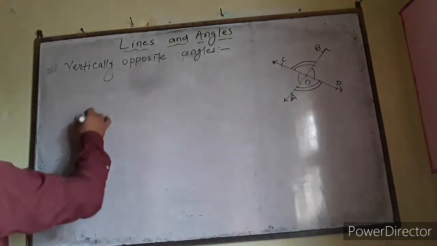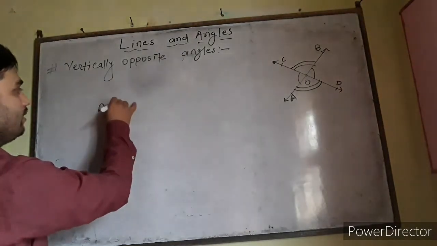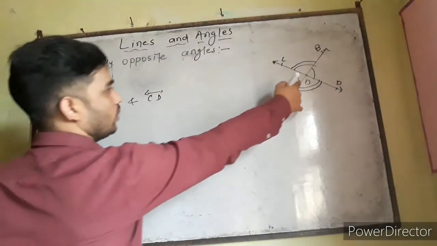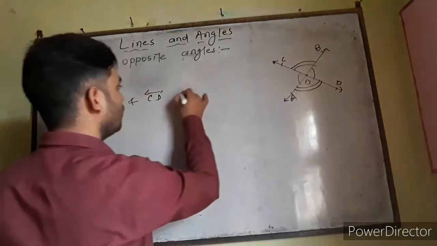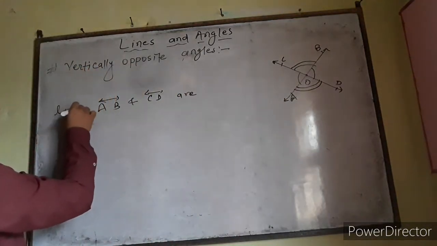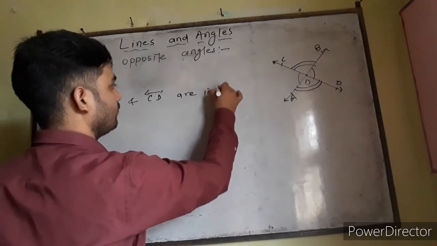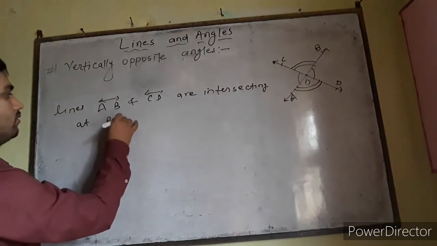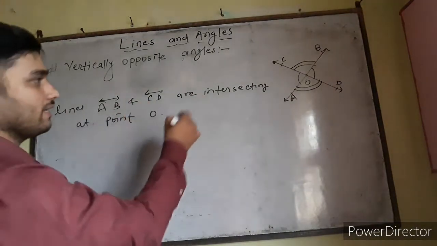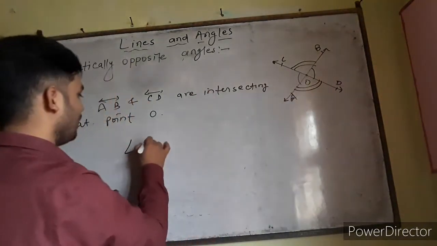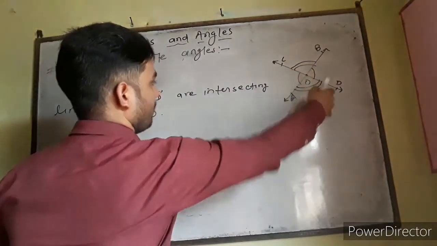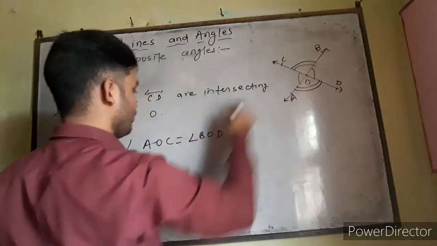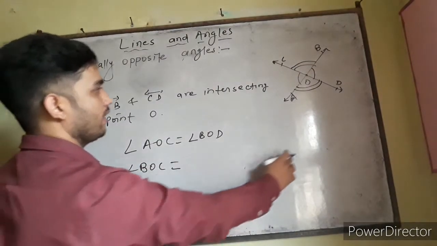We can see line AB and CD are intersecting at point O. So angle AOC is equal to angle BOD, and the second is angle BOC is equal to angle AOD.